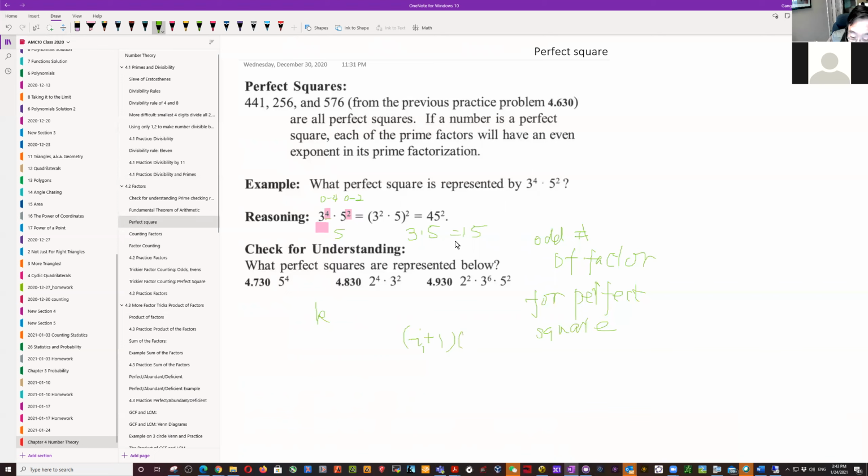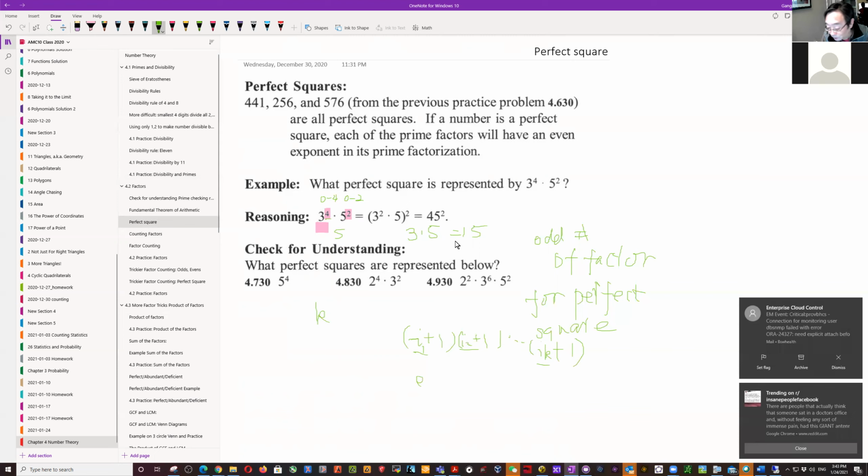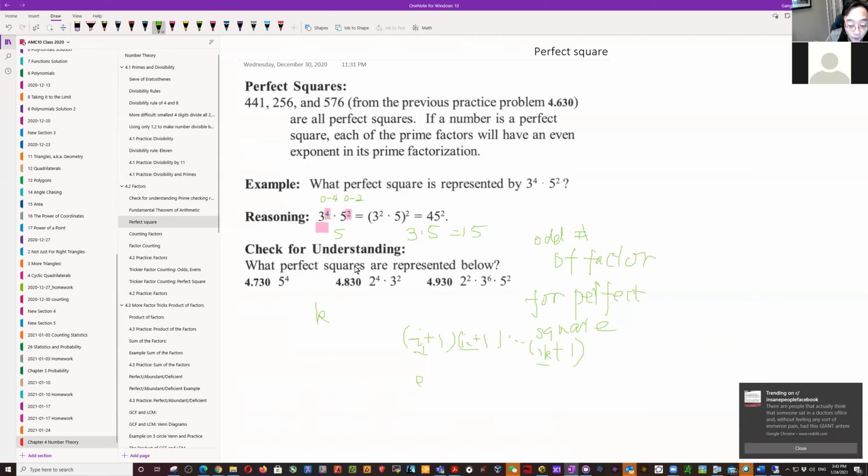So no matter how many you have, each index plus 1 is odd. You multiply them up, it's going to be odd. So for a perfect square, it always has an odd number of factors.